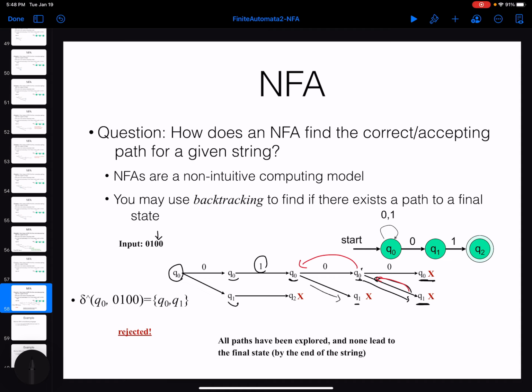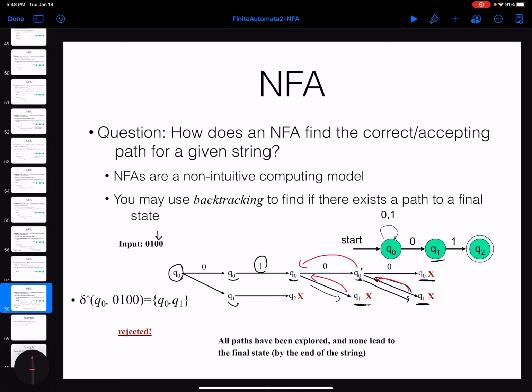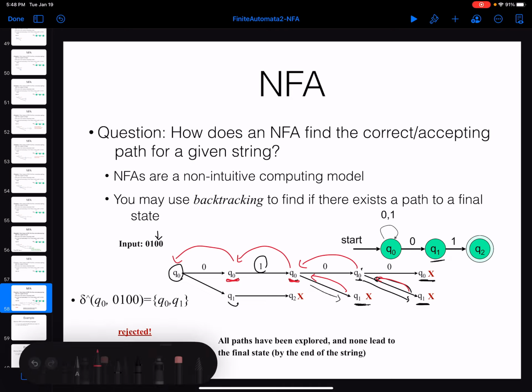From Q0 you go to Q1, but again at Q1 you can see that the next input symbol is going to be 0, and you reject the string because there is no transition on 0 from Q1. So this path is going to be rejected. You backtrack from here, and there is no other option to check at Q0, so you backtrack. There is no other option at Q0 here, so you backtrack. Here we follow the other path.